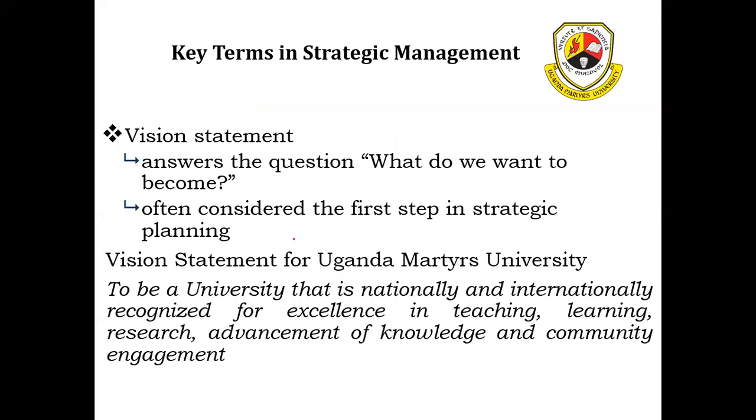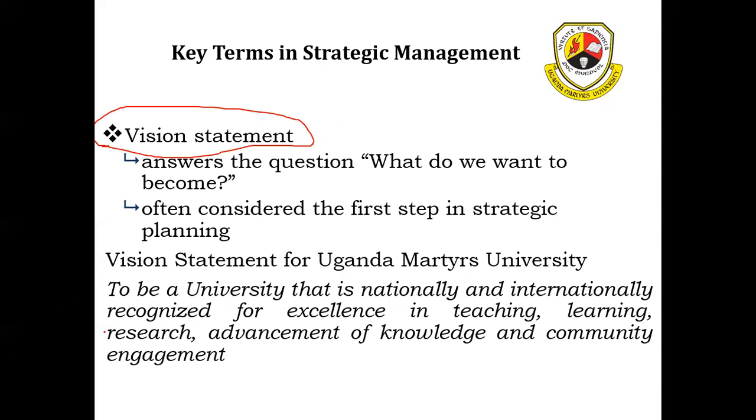Now let us look at key terms in strategic management. The first is the vision statement. We have all seen this in our workplaces. This is UMU's vision statement: to be a university that is nationally and internationally recognized for excellence in teaching, learning, research, advancement of knowledge, and community engagement.